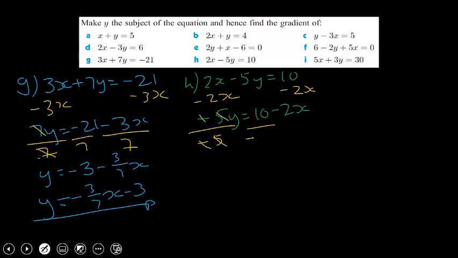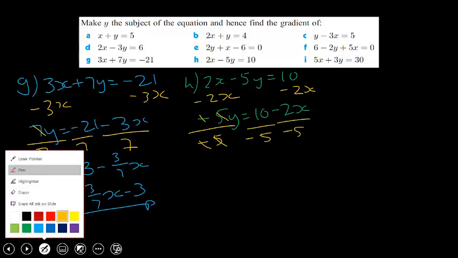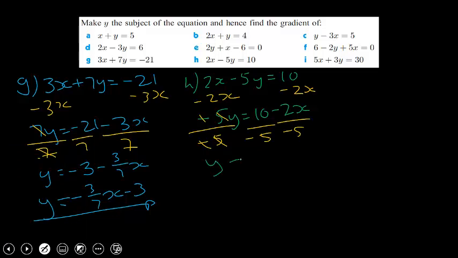So divide by minus 5, divide by minus 5. Y equals plus divided by minus is minus. 10 divided by 5 is 2. Minus divided by minus is plus 2 over 5x. Rearrange, y equals 2 over 5x minus 2.